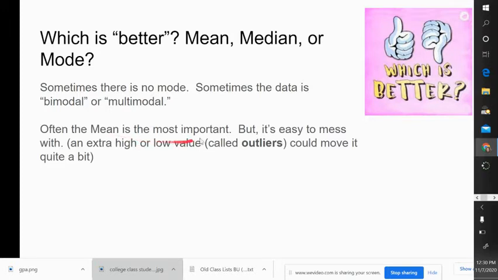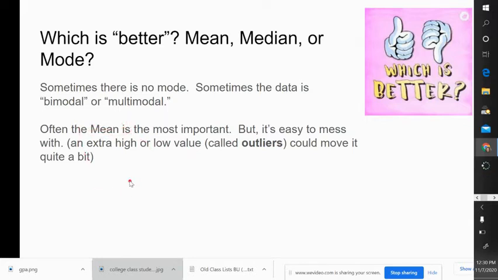Sometimes the mean is the most important, the average, like to say the average income or the average hours worked. But it's easy to manipulate or change the mean, because if you throw in one or two extra high or extra low values, called outliers, it could really significantly change the average.